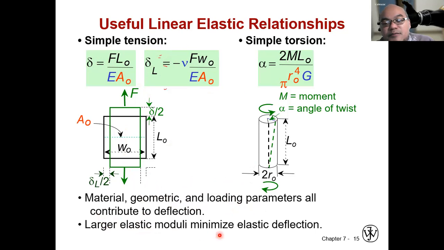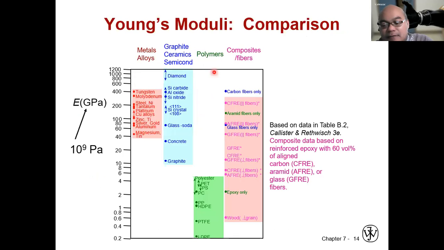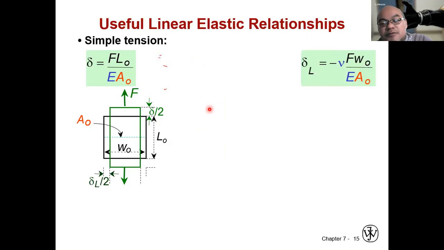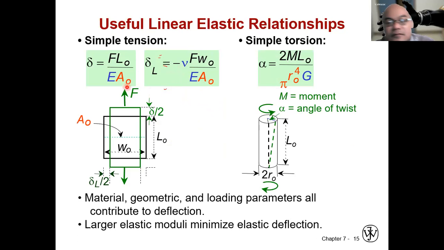The larger the elastic moduli, the smaller the elastic deflection. If you have larger E, for example a hard material with very large Young's modulus, then the resulting elastic deformation will be small.